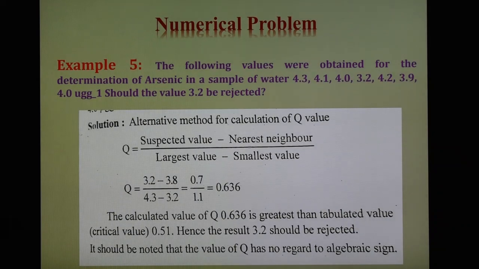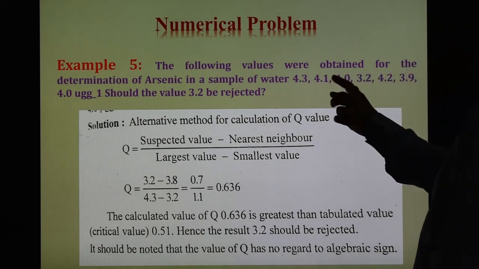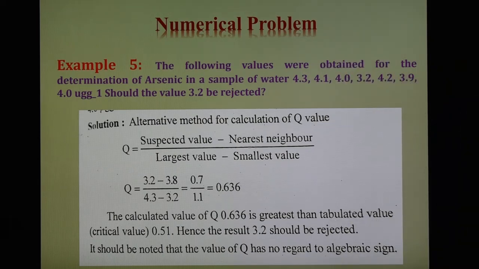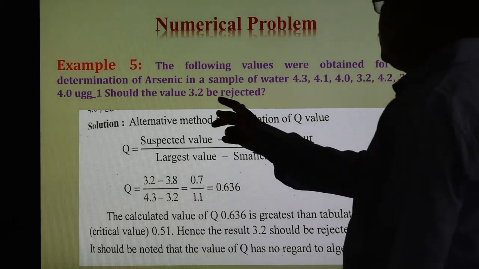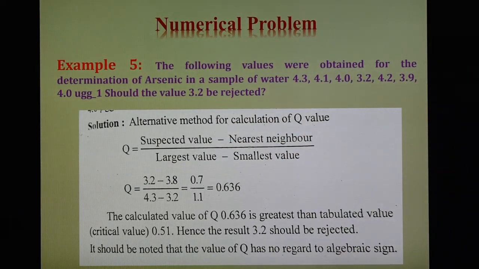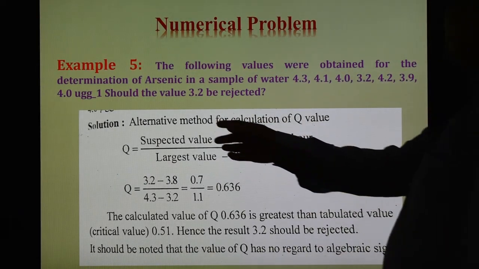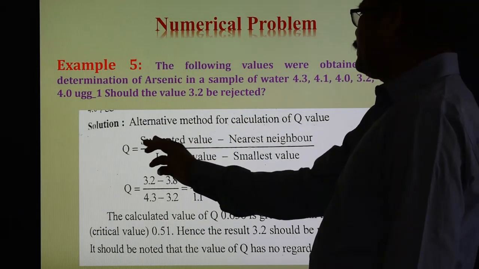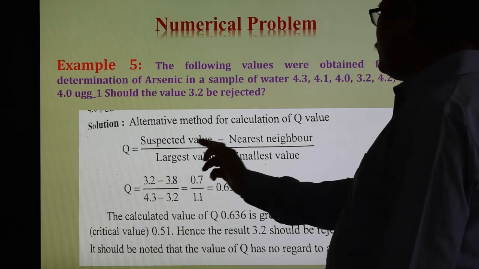Example 5. The following values were obtained for the determination of arsenic in a sample of water, and there are 7 values. In that case should the value 3.2 be rejected or retained? This is a similar method but an alternative method for calculation of Q. So Q equals suspected value minus nearest neighbor, over largest value minus smallest value.